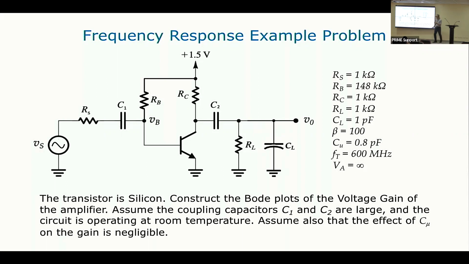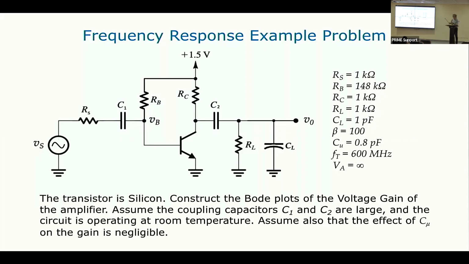We'll do this in two parts. First part, we will neglect the effect of Cμ. Cμ is the capacitance from your collector to your base. You also call this the Miller capacitance. So first, we will neglect the effect of Cμ.